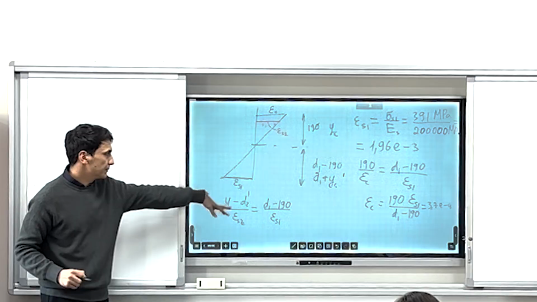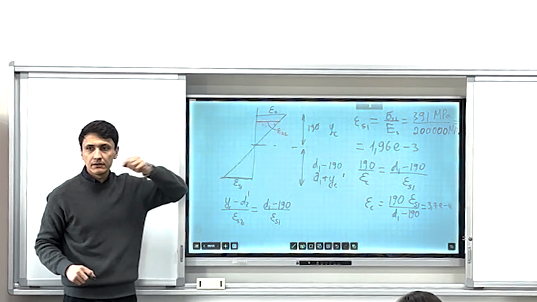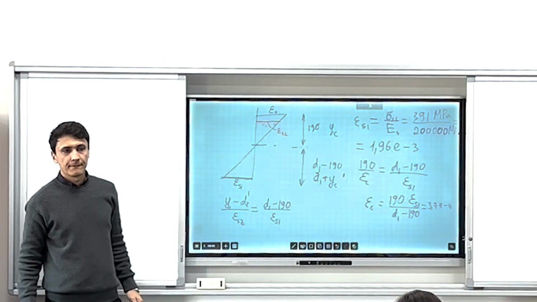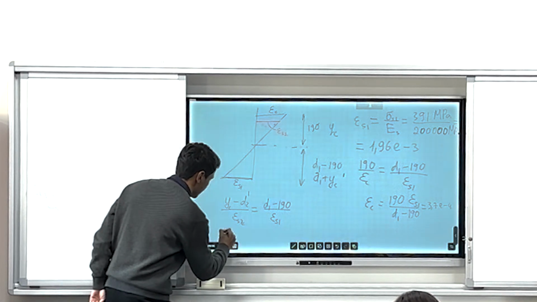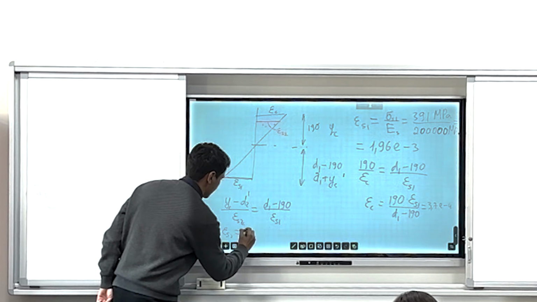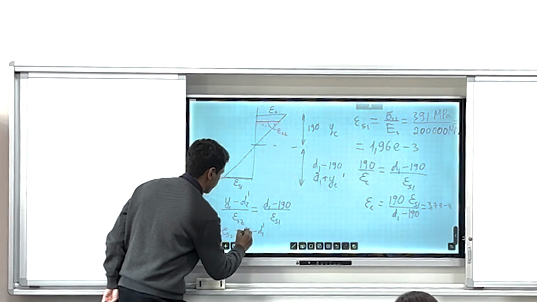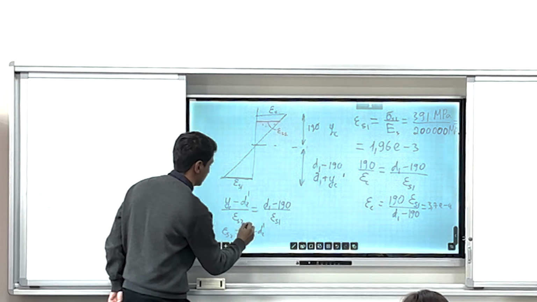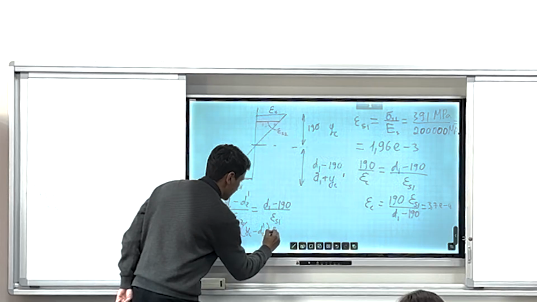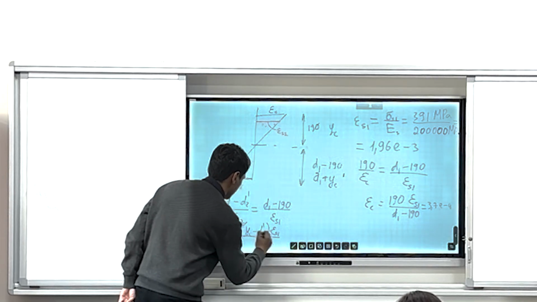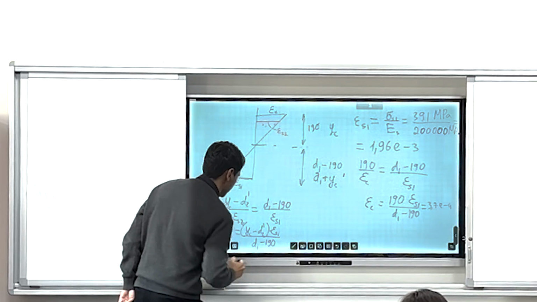So the same theory applied here, but I'm going to find the epsilon s2, which is strain at the top rebar. Is it clear? Now epsilon s2 is equal to yc minus d2 prime times epsilon s1 divided by d1 minus 190.